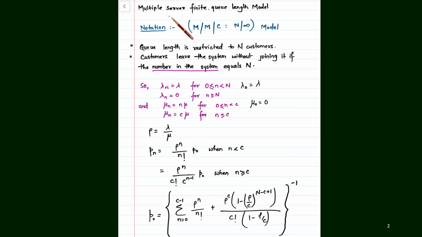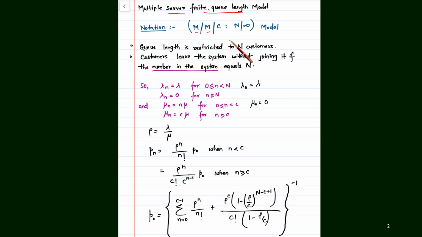So first of all, in the multiple server finite queue length model, how do we denote it? M is the arrival pattern, that is Poisson. The second M is the service pattern, which is exponential. C tells about the number of servers, which is here 2.